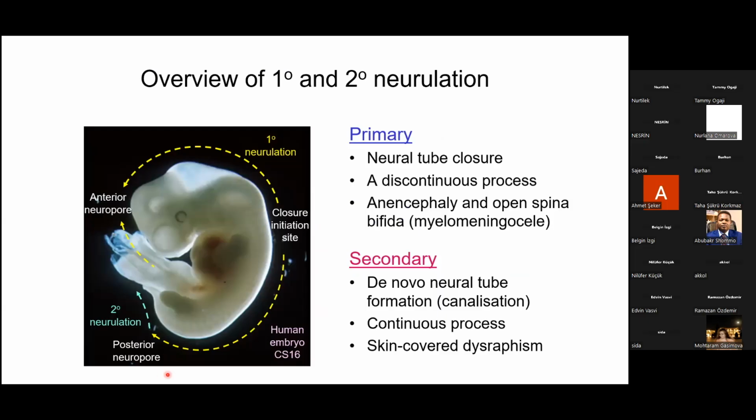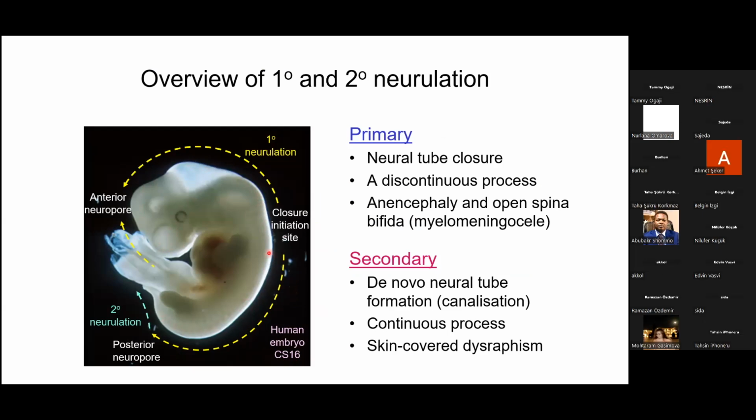So here's another human embryo from our bank, Carnegie stage 16, about 6 weeks or so, post-conception. And this is really just to remind you that the great majority of the central nervous system, the forebrain, midbrain, hindbrain around here, and most of the spinal region are formed by primary neurulation.